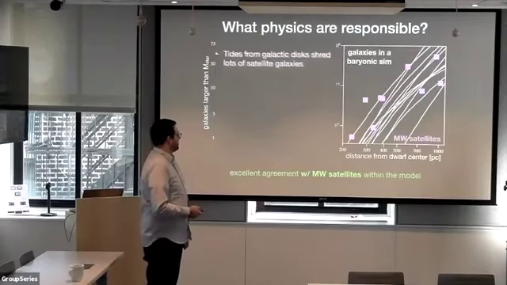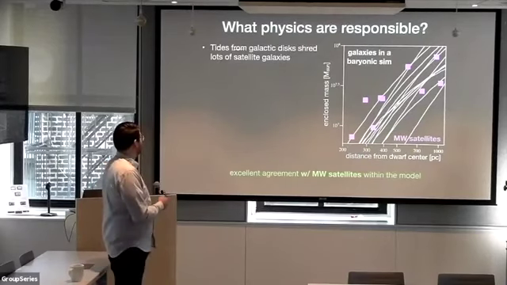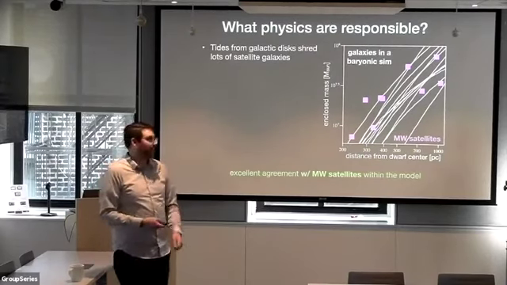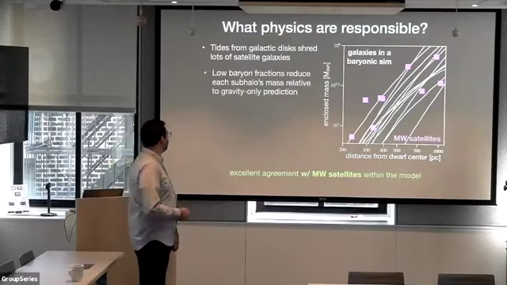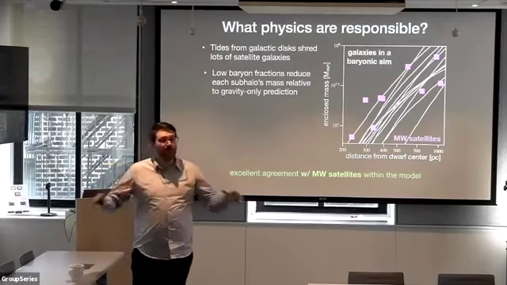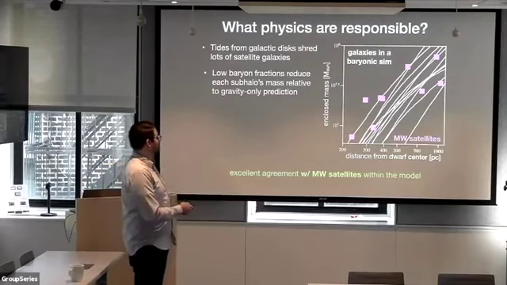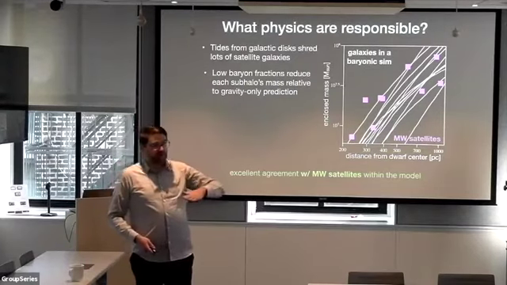Now, on the other hand, when we look at the central mass problem, or the too-big-to-fail problem, again, tides are definitely important because they're shredding a lot of the satellites that would otherwise live up here in some cases. But we also have low baryon fractions, so that means we reduce the overall mass of the halo. So everything shifts down at fixed radius. All the lines shift down.